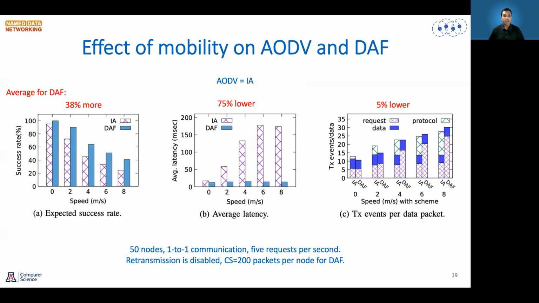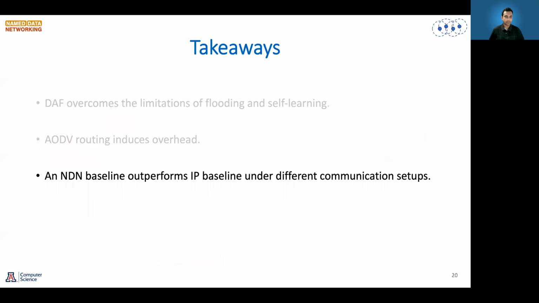On average, DAF achieves 38% more success rate as its latency is 75% lower with no protocol overhead compared to AODV. DAF does yield a slightly larger hop count due to its suboptimal paths. Please refer to the paper for more details with verification results.